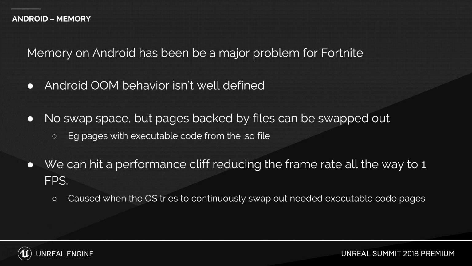So memory is one of the biggest problems we've had on Android. And when your app runs out of memory, the behavior on Android is not really very well defined.